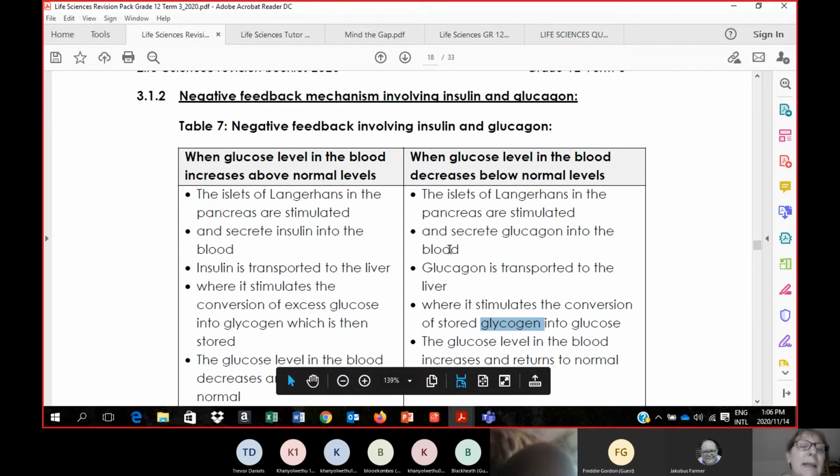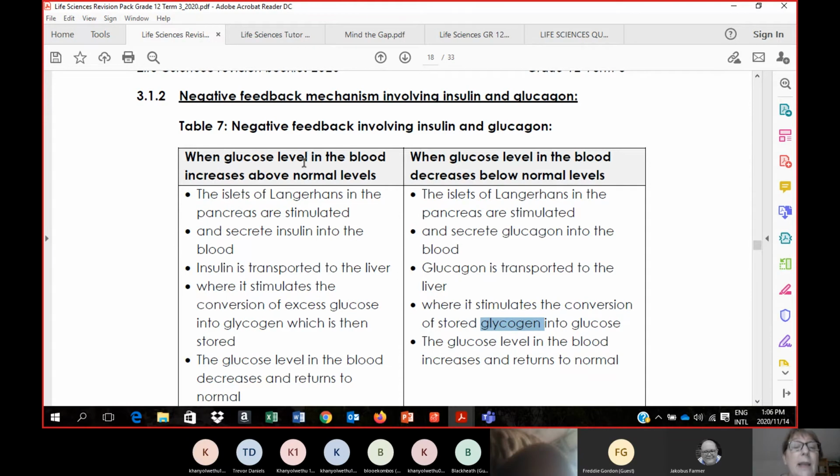Now let's do one of these. So let's say you've had a lovely little treat and you've now had a pizza and you've had a Coke and ice cream afterwards. So obviously your glucose levels have increased tremendously. But now I told you your glucose levels actually have to stay the same all the time.